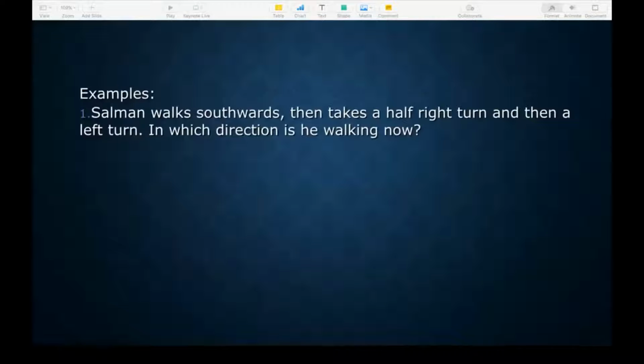So let's try to look into this question. Salman walks southwards, then takes a half right turn and then a left turn. So in which direction is he walking now? Try out this question, guys. The four options are southeast, southwest, south, and north.